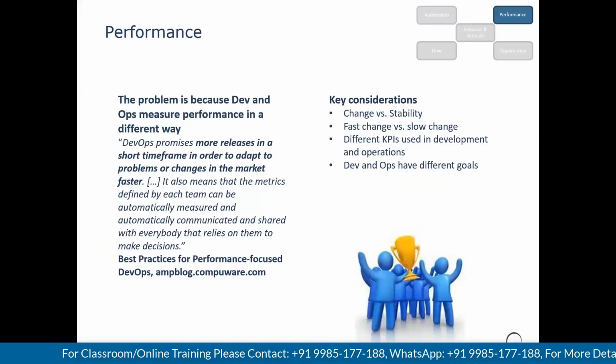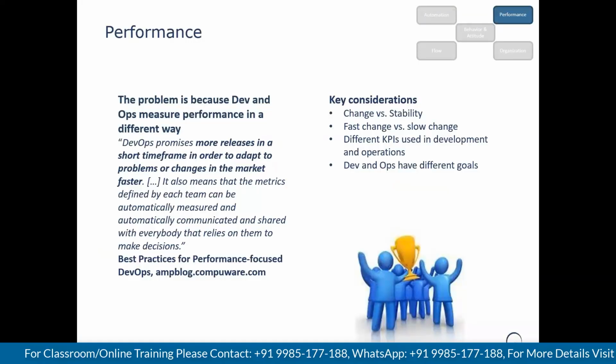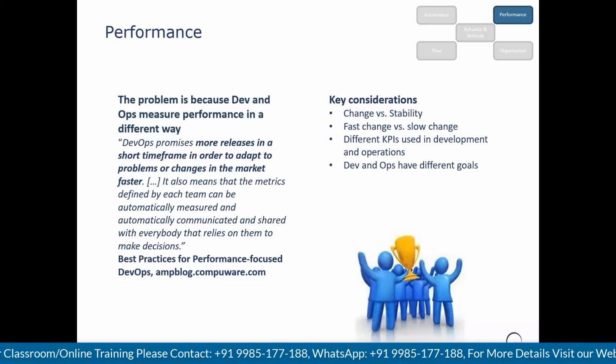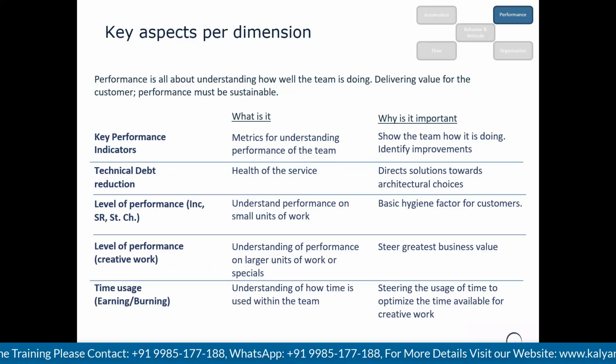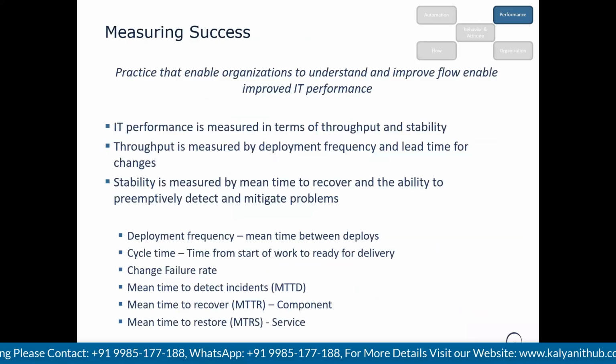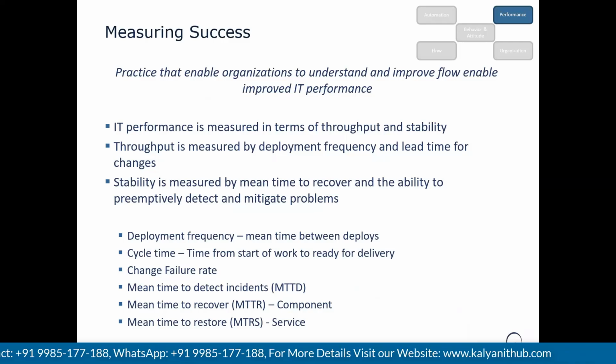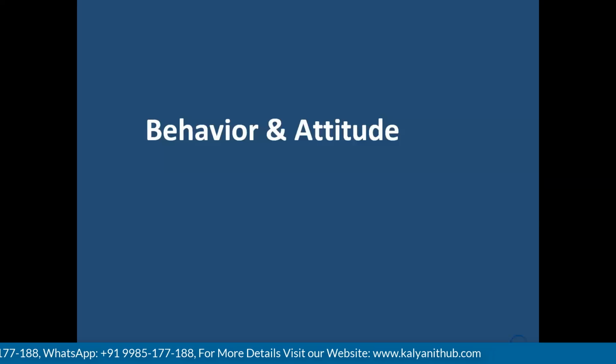Coming to performance, the performance should be very high to increase the efficiency. We have some key dimensions. In the real-time industry, we are working on this particular progress. Success will be defined based upon DevOps, how we can take the market, and it is completely the efficiency and quality of the services. Okay. Next.